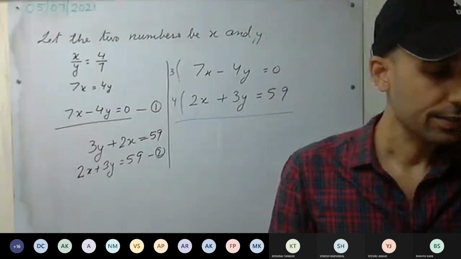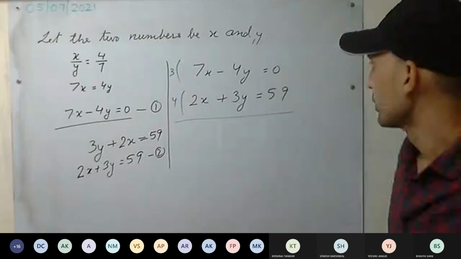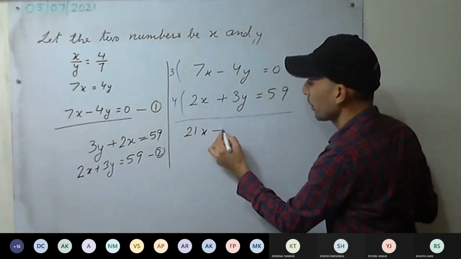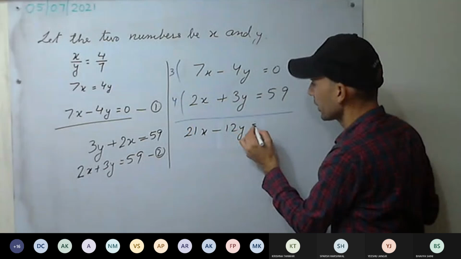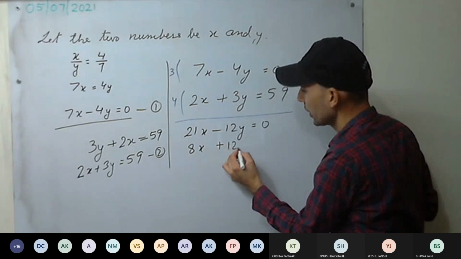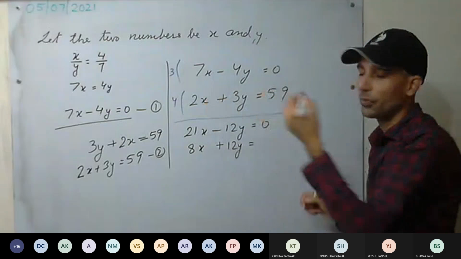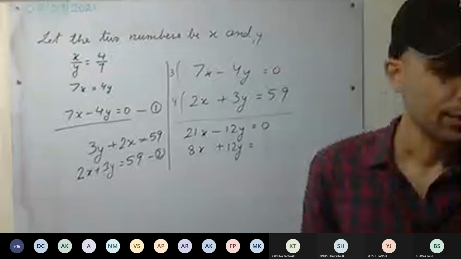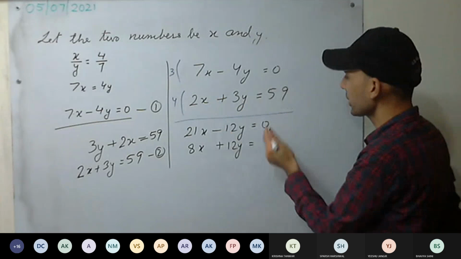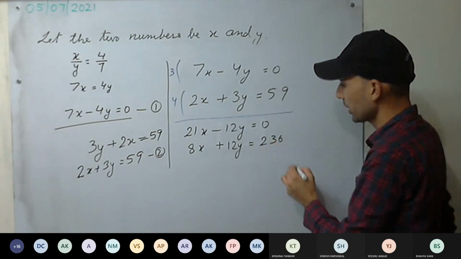Multiply and solve it. 21x minus 12y equal to 0. 8x plus 12y equal to 59 times 4, which is 236.